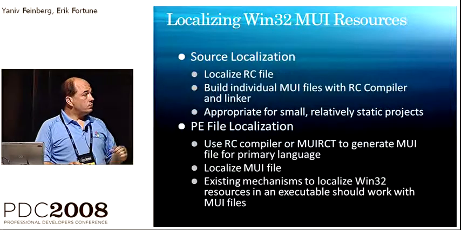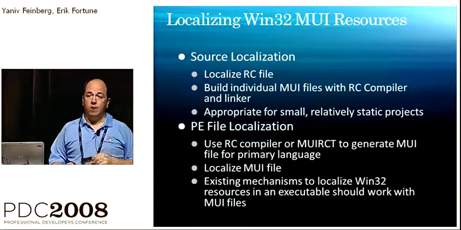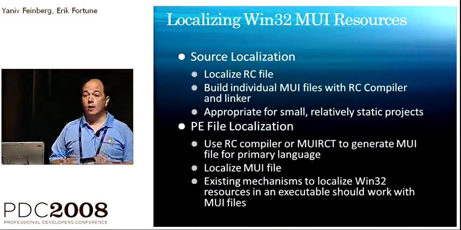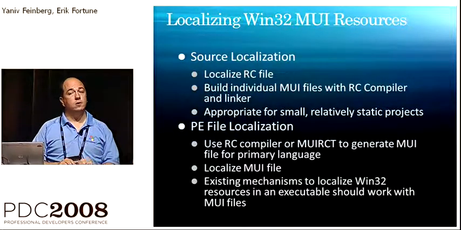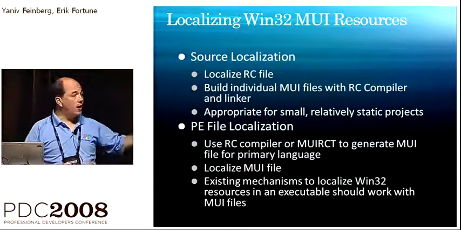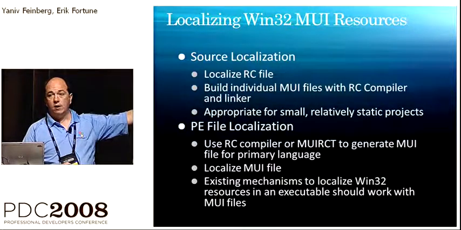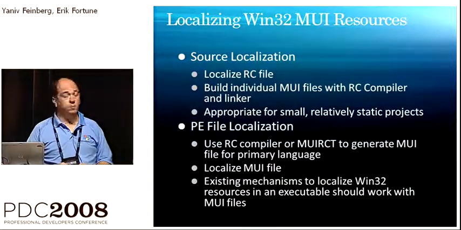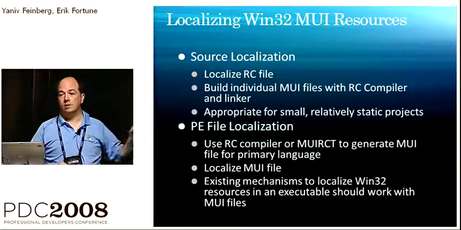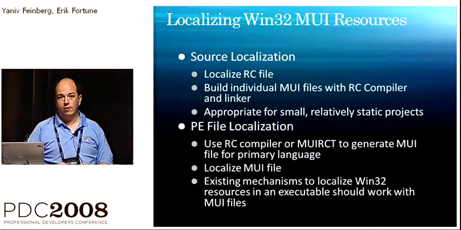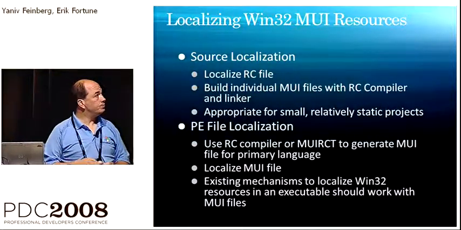And then you localize the MUI file. The thing to note about this is that an MUI file looks pretty much to all tools like an executable with a bunch of resources in it. So if you already have some sort of PE file-based localization process in place, the MUI files will drop right into that. There's no need to do anything different except recognize the extension as a kind of file that you can edit the resources in.